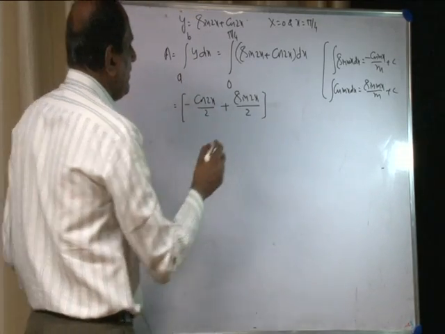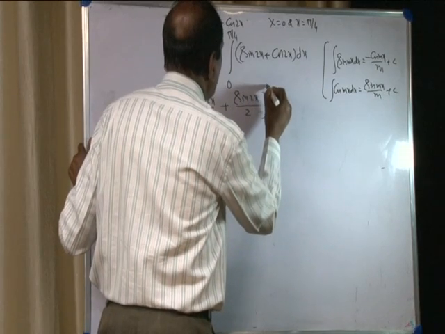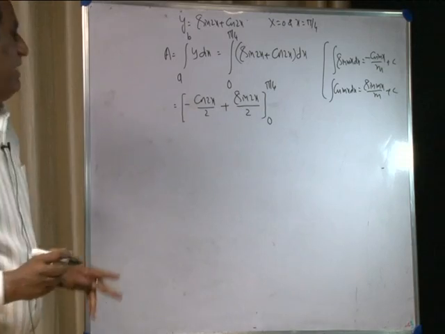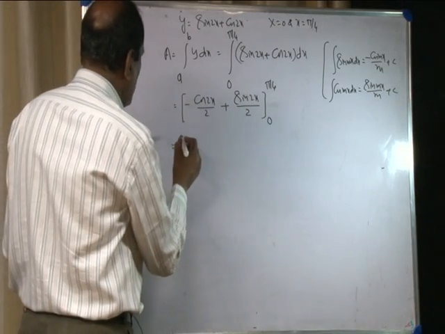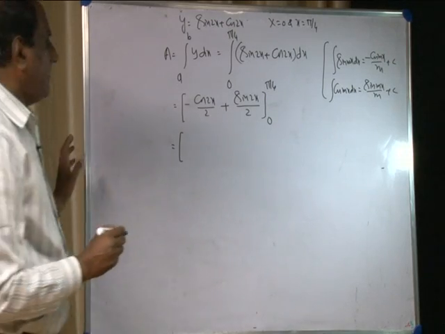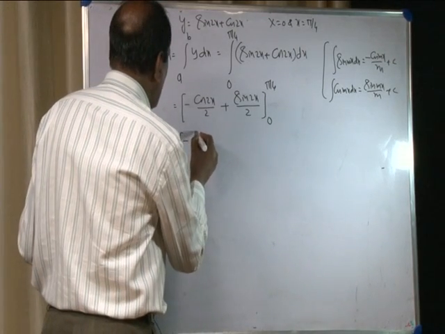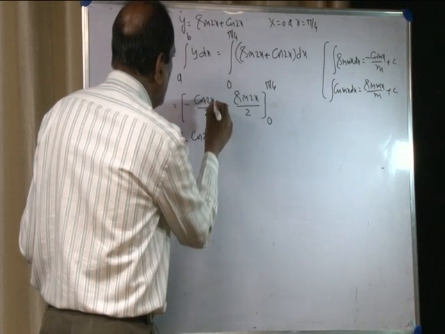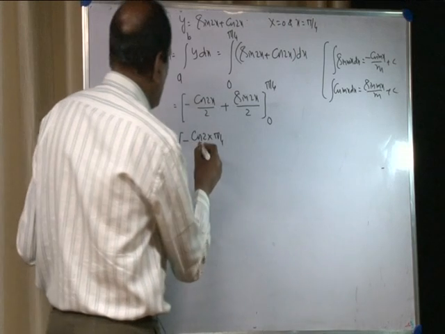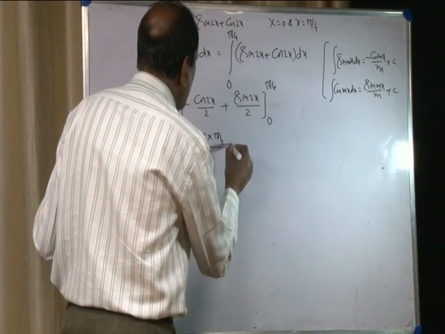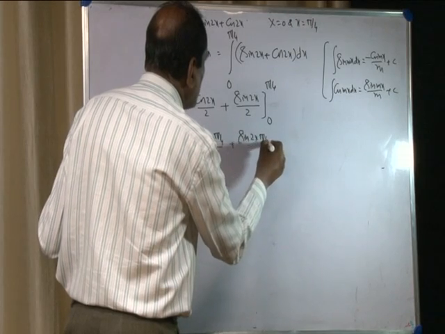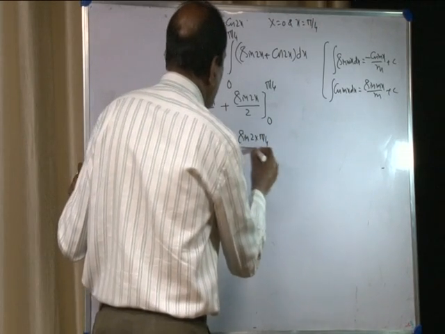So, between the limits 0 and pi by 4, first apply the upper limit: minus cos 2 into pi by 4, divided by 2, plus sin 2 into pi by 4, divided by 2.